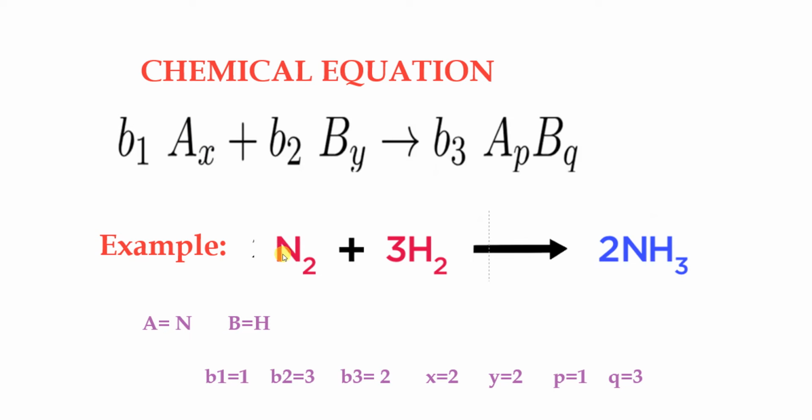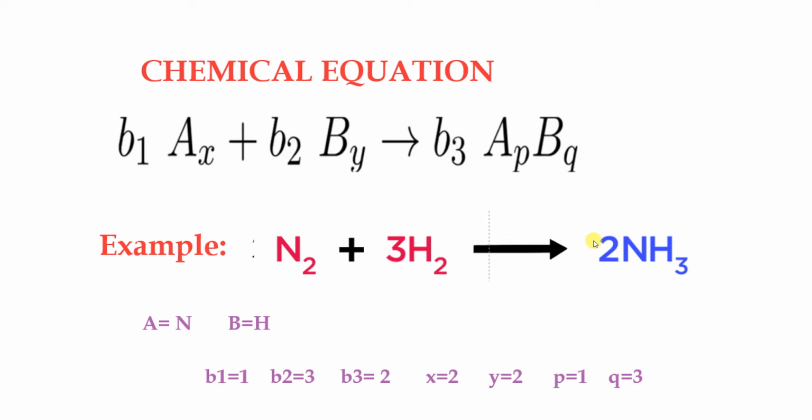A is actually nitrogen, the N symbol. X value is 2. B1 is the coefficient, here on the left side we can assume 1 into N. So B1 is 1. X value is 2. B2 is 3, the coefficient of H2. B2 is 3 and Y is 2, and it forms a product NH3.